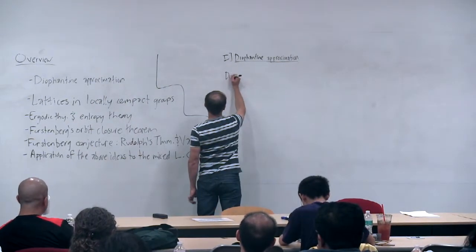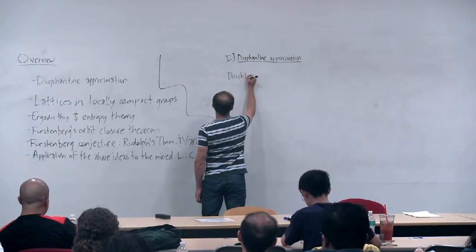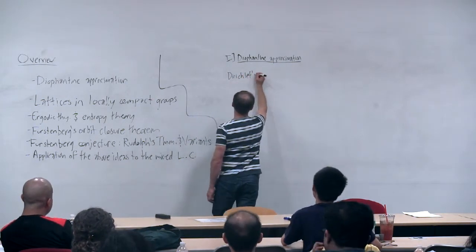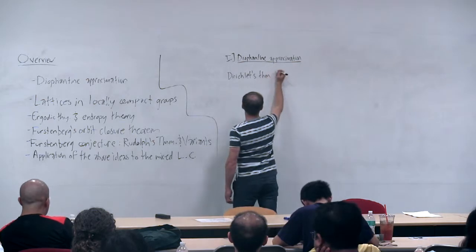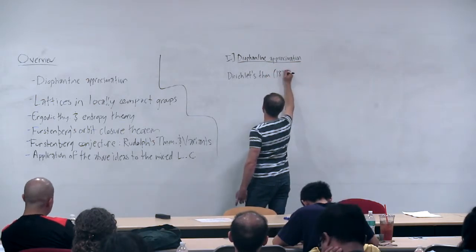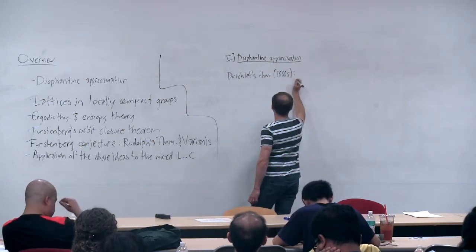One of the first theorems that you would probably learn about if you're learning about Diophantine approximation is Dirichlet's theorem. It was proved in the 1830s.